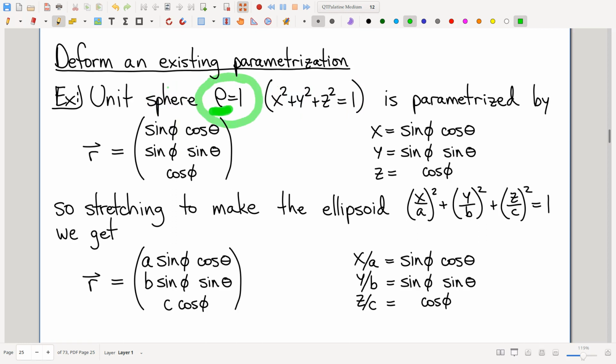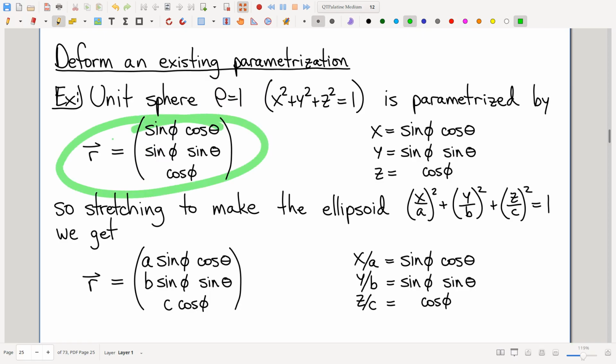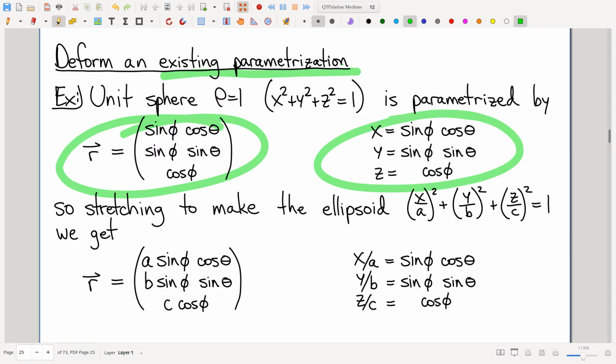Rho is a function of phi and theta. Really, really convenient function of phi and theta. Plug that into the conversion formulas. Here's your graph parameterization of the sphere. Now that's what I'm going to call the existing parameterization. This parameterization, which you can write out in coordinates like that, was a one-step parameterization of the unit sphere.